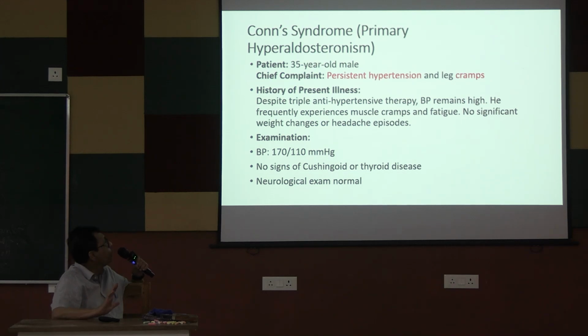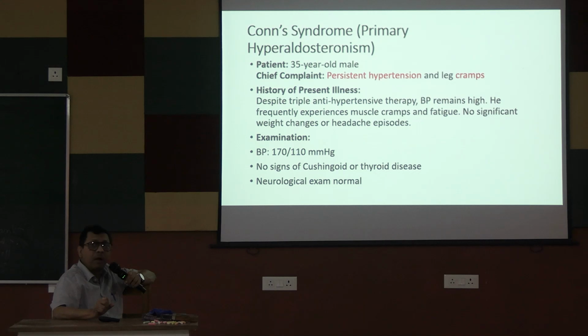He is also a 35 year old male, presented with persistent hypertension and leg cramps. Remember, all these three cases have different presentations, but all originate from the adrenal gland. This patient has persistent hypertension with leg cramps. Why are there leg cramps?